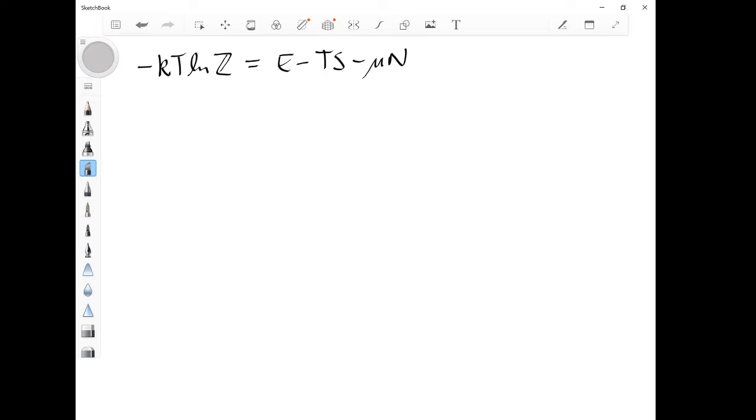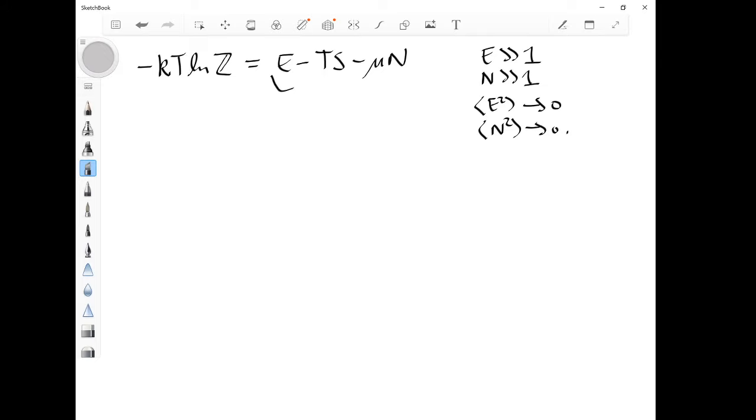And so that's just me rearranging all these terms. I've dropped the averages because in the limit of E being very large and N being very large, the fluctuations go to 0. And so I can drop the average and just take it as the value itself.